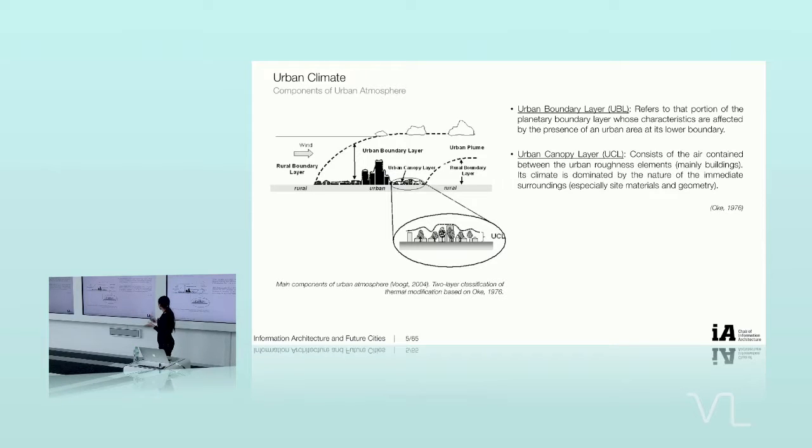The urban canopy layer is determined by the nature of its immediate surroundings: the buildings, the materials, the vegetation, the trees, all of these immediate surroundings.